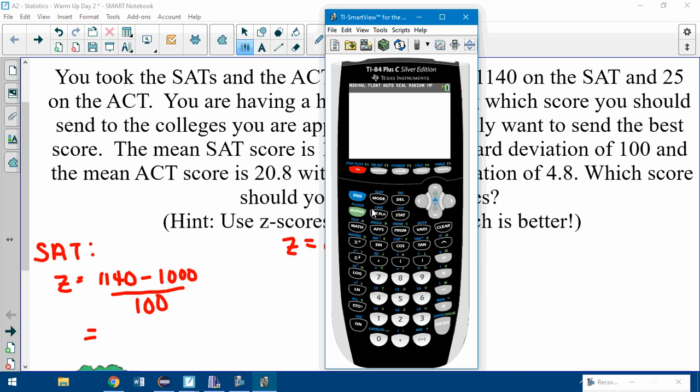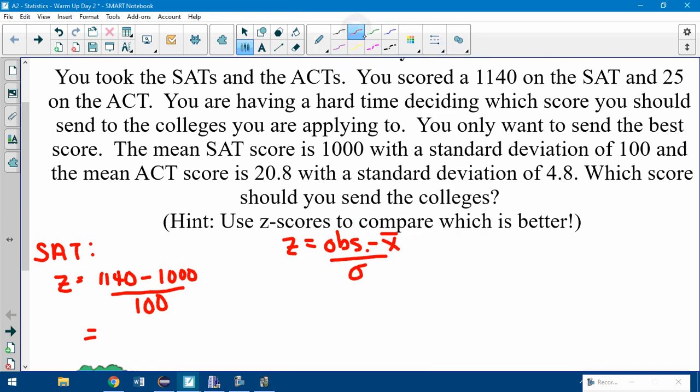Use alpha y equals, or hit enter when you do the top. Let's try that again. 1140 minus 1,000 divided by the standard deviation of 100, and you get 7/5, but I'd rather make that a decimal, so you can actually do math with it. It's 1.4. Okay, so the SAT has a z-score of 1.4.